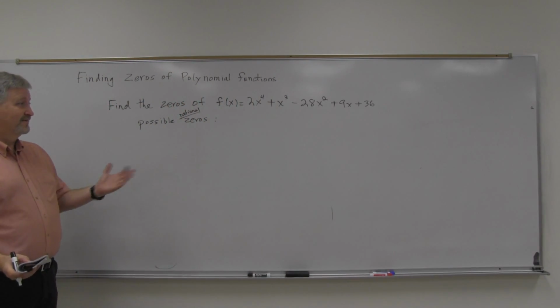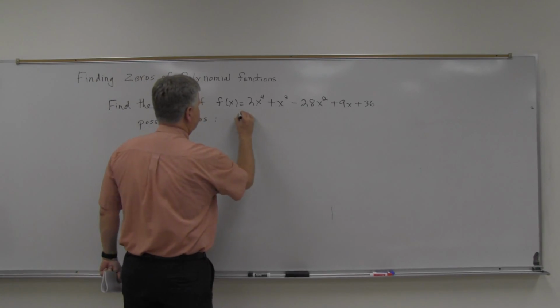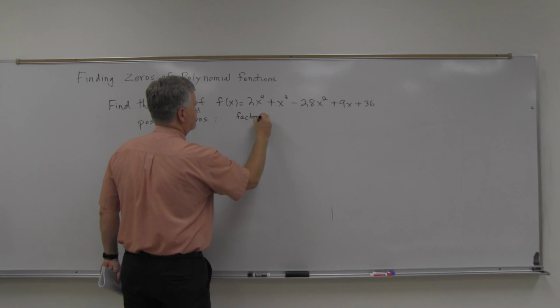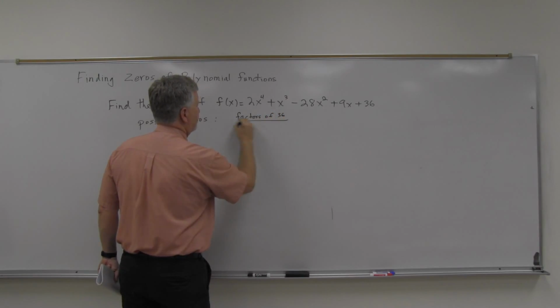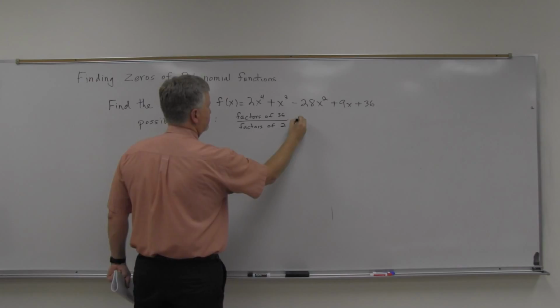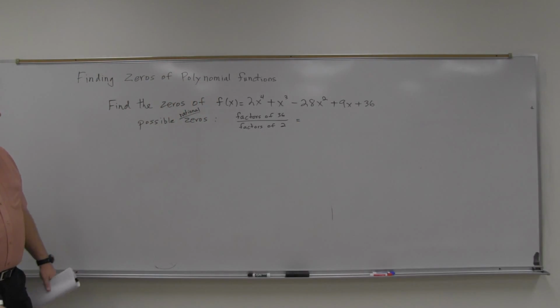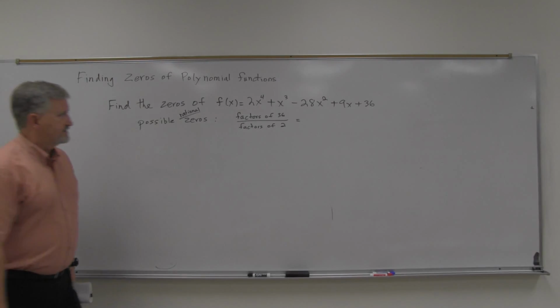This is going to be quite a few because you've got factors of 36 divided by factors of 2. So that's quite a few of them. But let's go ahead and list them out just to get a little more practice with that.